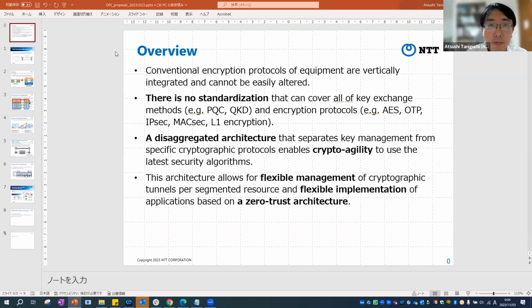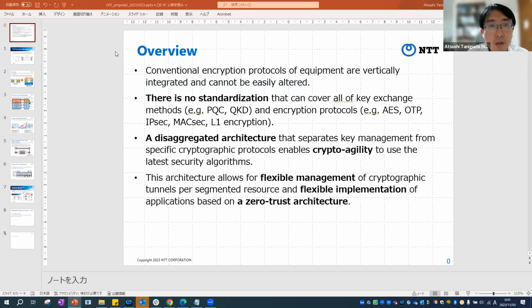Thank you for taking the time to discuss my presentation. I belong to entity. I'm also a member of the ION Global Forum. Now we are discussing post-quantum security in the ION Security Task Force of ION Global Forum.